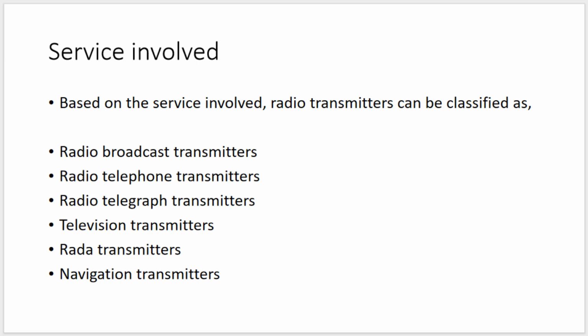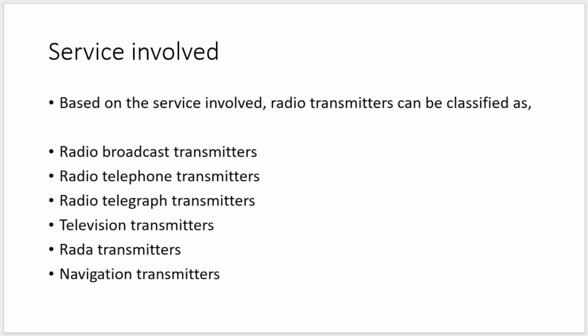So the last one is based on the service involved. Based on service involved, a radio transmitter can be classified as broadcast transmitter. It may be either amplitude modulated or frequency modulated.